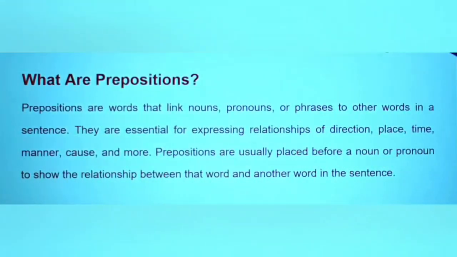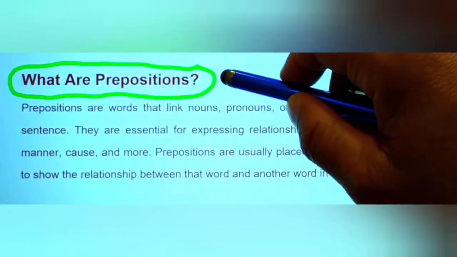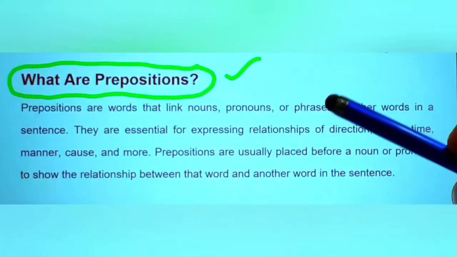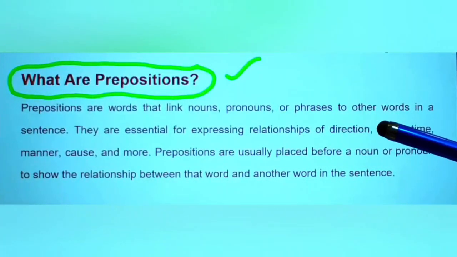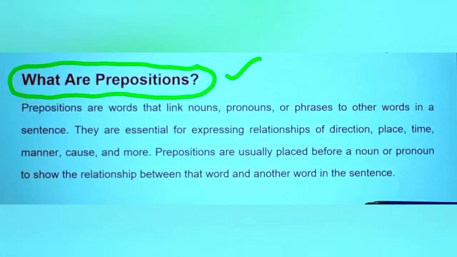Today we're going to discuss in detail what prepositions are. Let's have a look at the definition first. Prepositions are words that link nouns, pronouns or phrases to other words in a sentence.